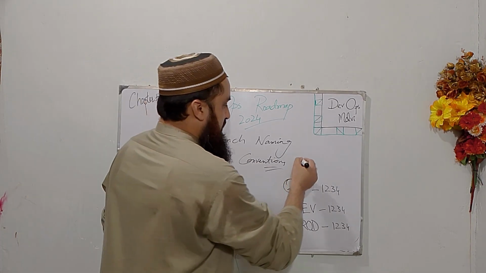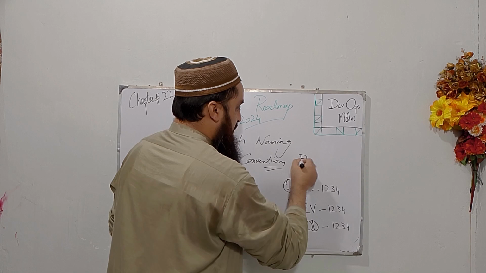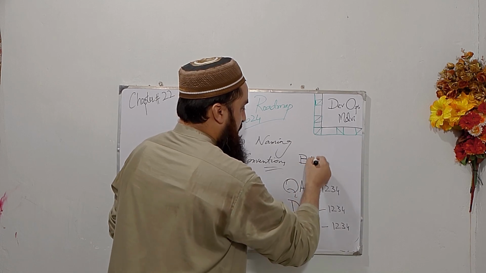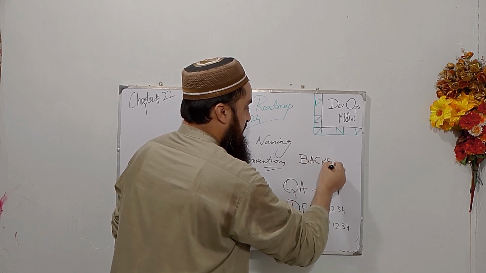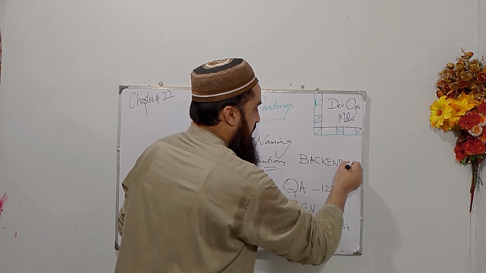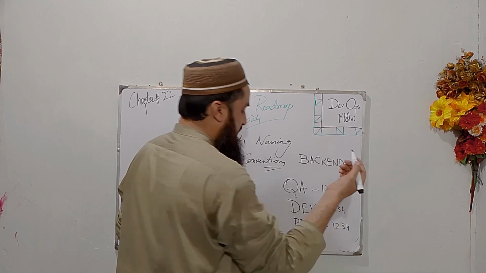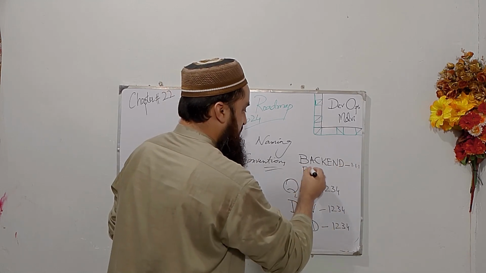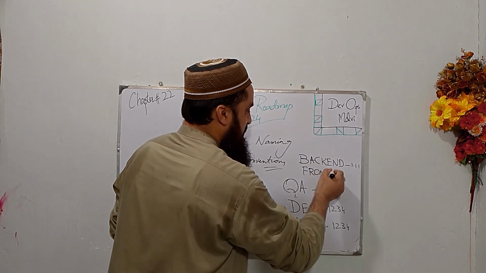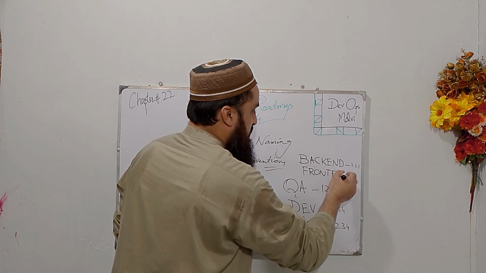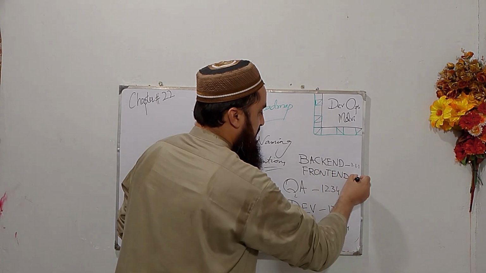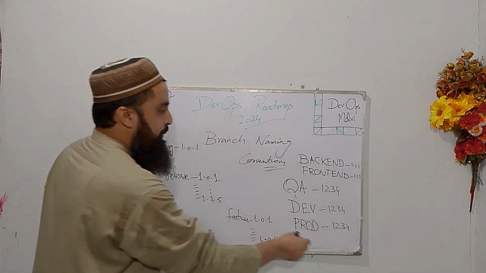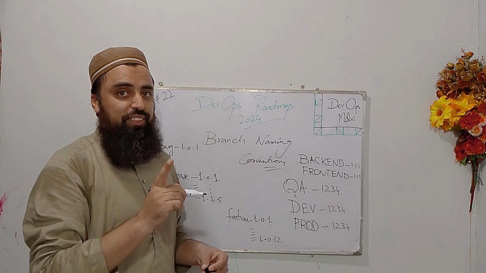Another example that I observed in one of my last companies is that for backend it was like 1.1.1 etc. So for front end, and that was all for the same project, and all these branches were in one repository.